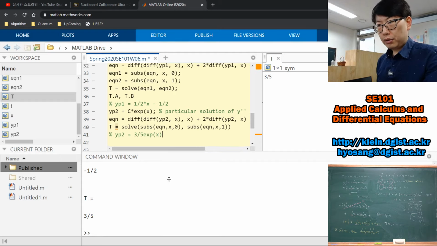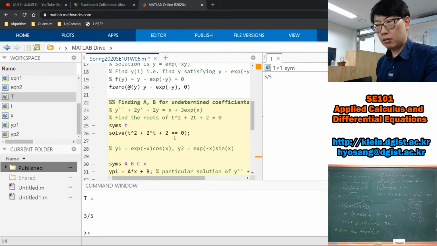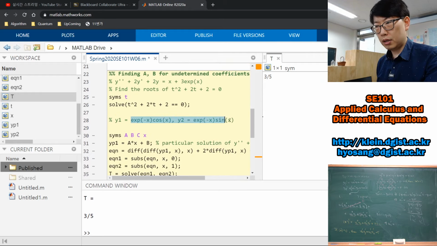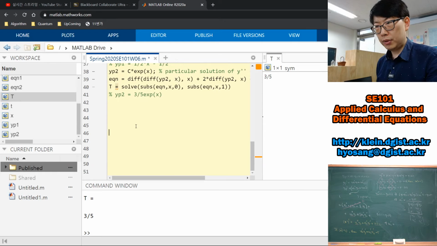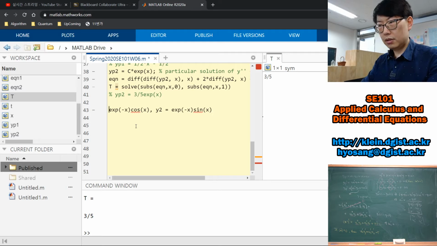So I found two particular solutions, and I already know that my fundamental solutions are of this form. So I have y as c1 times this plus c2 times this.